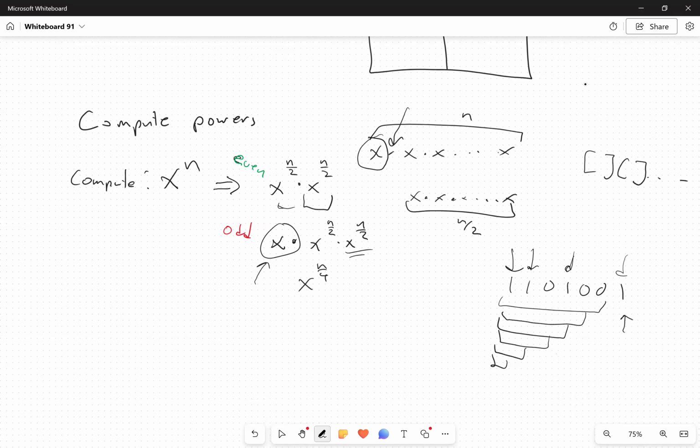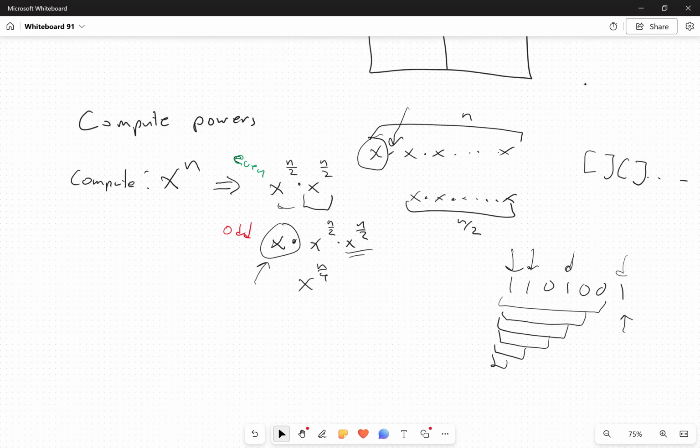You could do things where the operation between them is not just multiplication, some other operation, as long as it's an associative operation. Yeah, associative operation, then the whole thing will work. So that's another example of computing powers, this binary exponentiation.